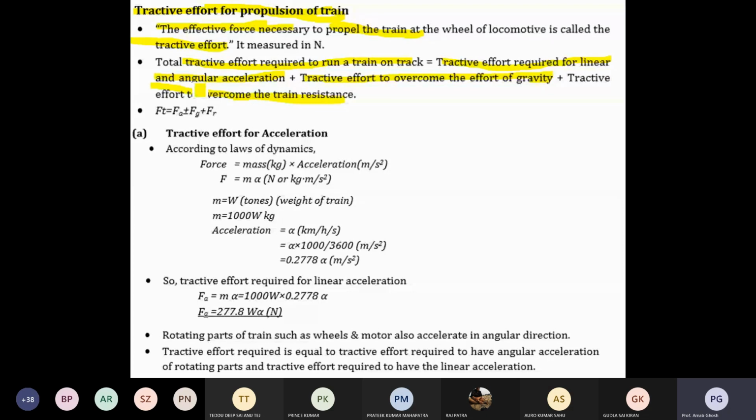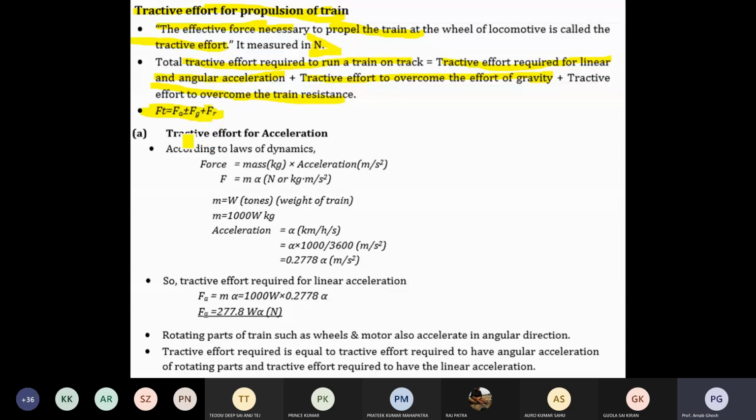One passenger may weigh 50 or 60 kilos, and at minimum 1,000 passengers can travel. Can you imagine how many Newtons that is? It is measured in Newtons, and you have to calculate it. So what will be the final tractive effort? Ft equals Fa plus or minus Fg plus Fr.